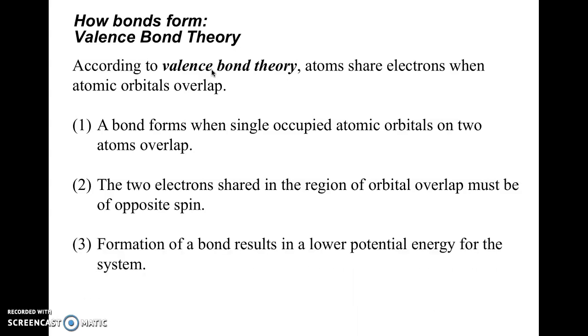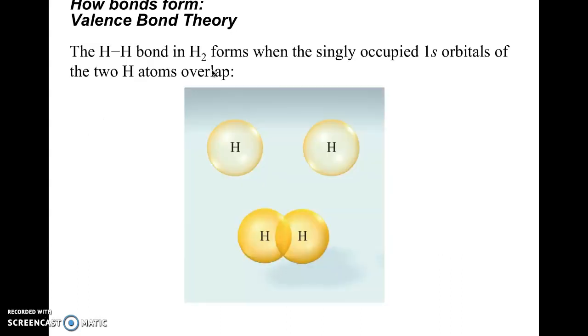And so what happens is this bond allows a lower potential energy for the system. And the example we use is a hydrogen-hydrogen bond forming H2 gas. And so you only have one electron in a 1s orbital, and those can overlap, as this little diagram shows.